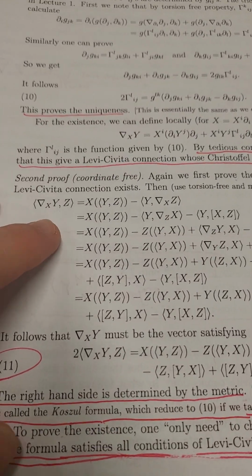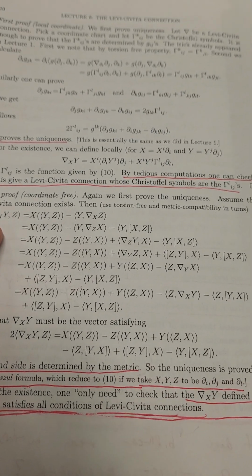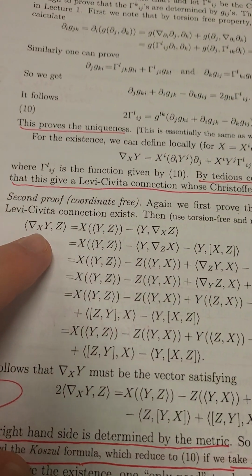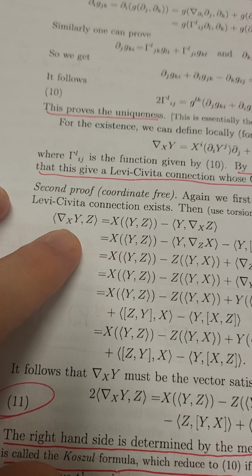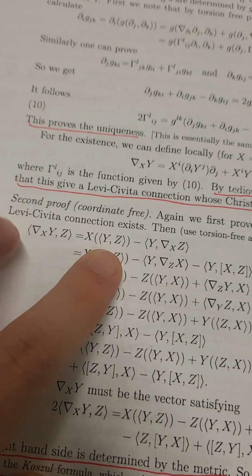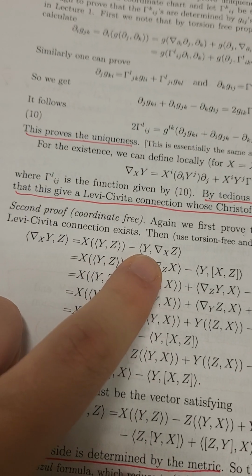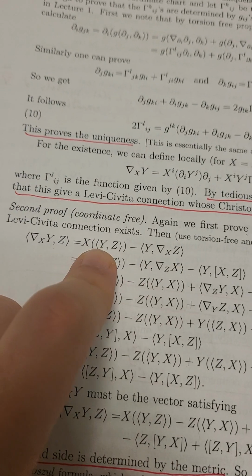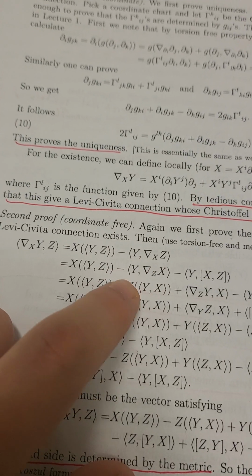But there is also a coordinate-free proof. Again, we start off with this inner product of nabla_X Y with Z. We use the fact that we have metric compatibility to expand this in terms of the product rule.